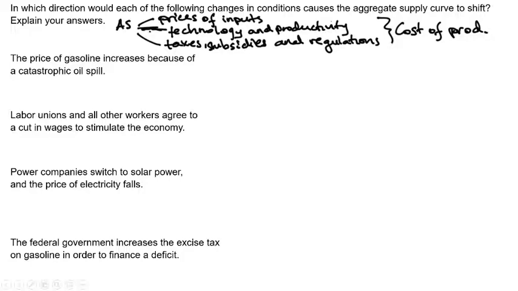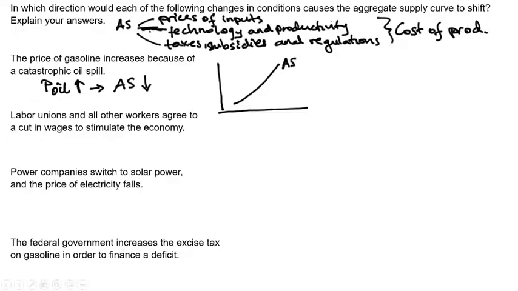So this is about the price of an input, the price of oil increases affecting the cost of production, and the cost increases, of course, that will lower aggregate supply. So let's use our aggregate supply curve, which is an upward sloping curve in the short run.